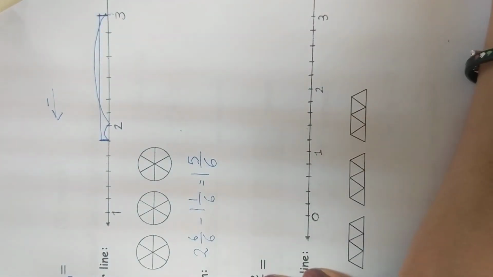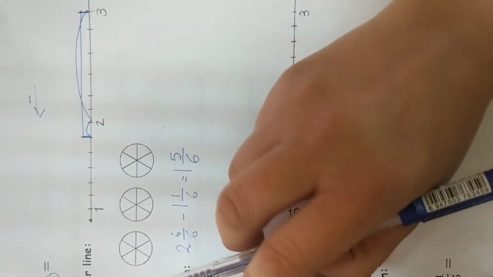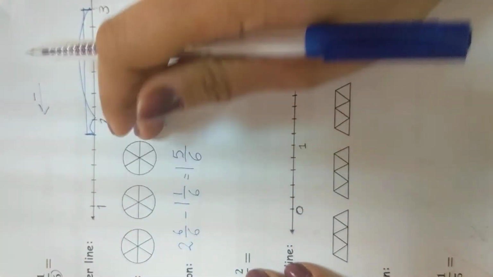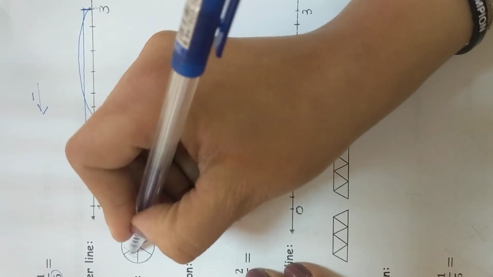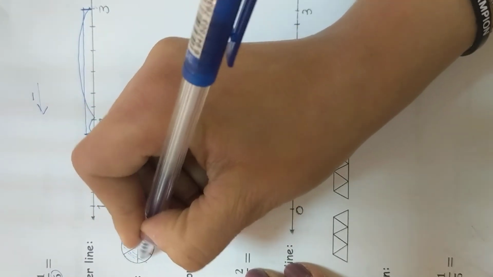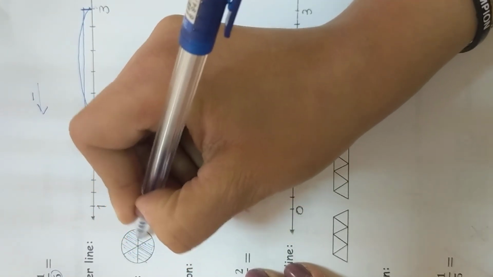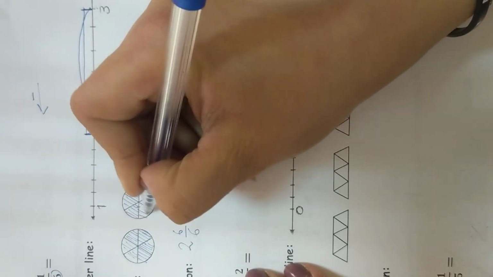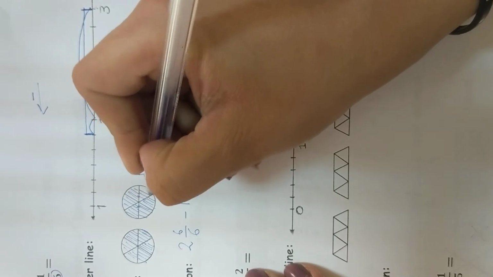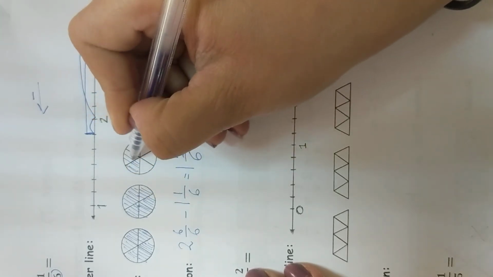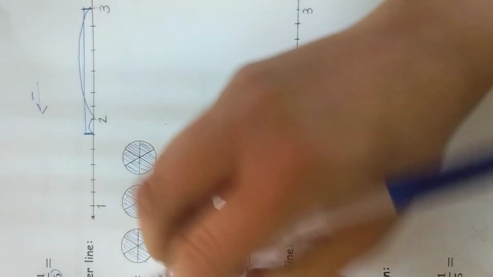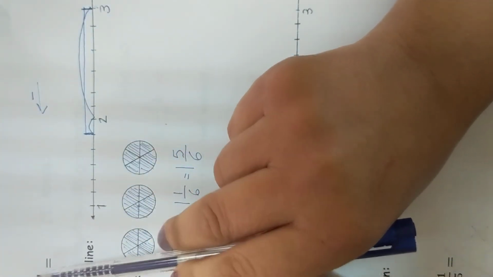So this will be my end. And I will join. In the model, I will shade all the 3 and I will subtract 1 and 1 over 6.